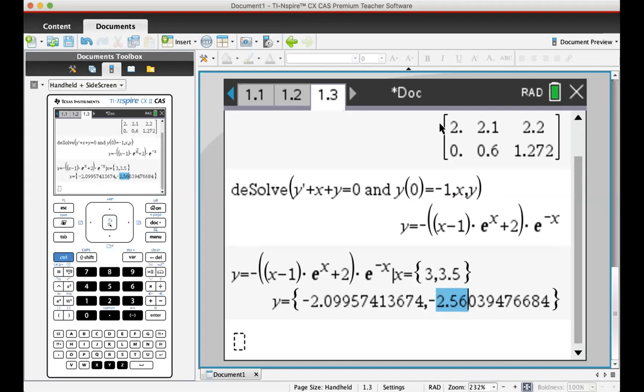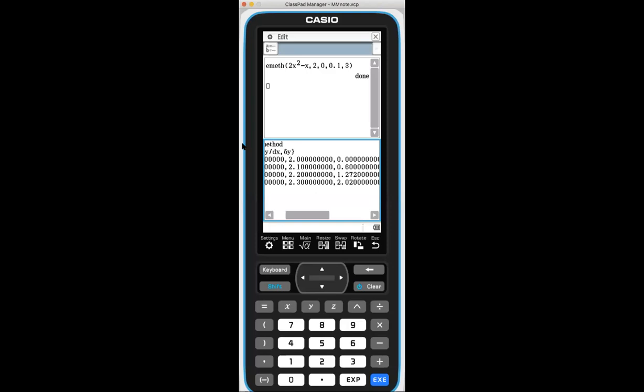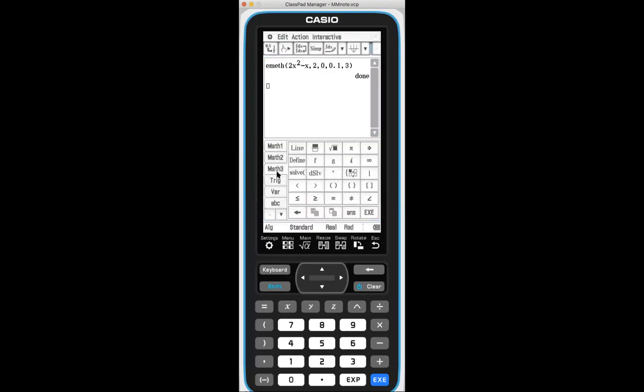That's it. So probably demonstrating how to operate with Casio ClassPad again. Keyboard, Math 3, DSolve, y' + x + y = 0. You must have equals 0, comma x, comma y, comma x = 0, comma y = -1.